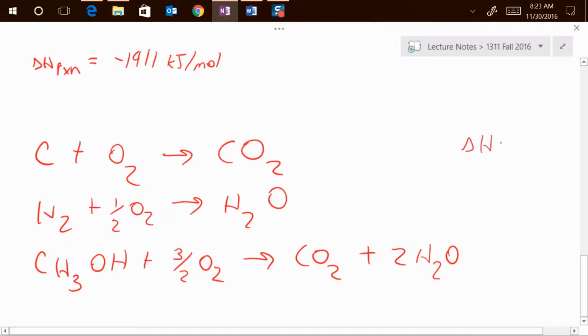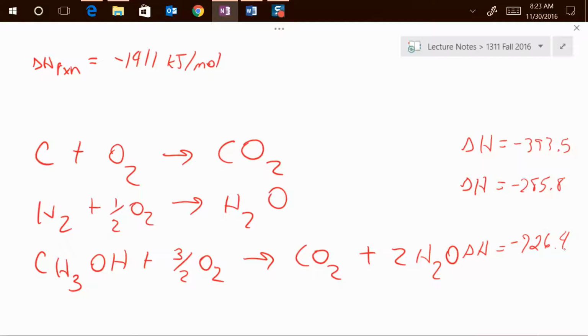Delta H here is equal to negative 393.5. Delta H for this one is negative 285.8. And delta H for this one is equal to negative 726.4. Okay? And those are all kilojoules per mole.